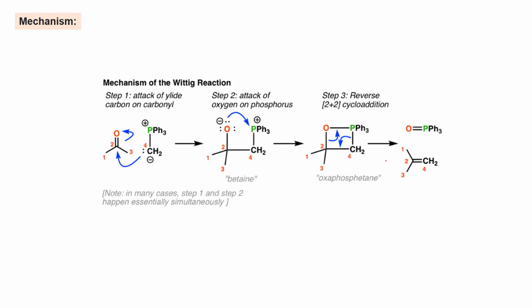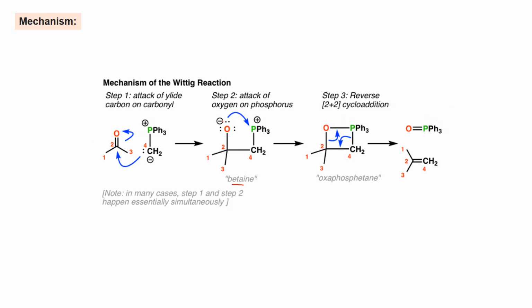Now if we look into the mechanism, what is the mechanism of this reaction? First, this ylide carbon, which is the negatively charged carbon, attacks this carbonyl carbon and it opens up, forming this betaine intermediate.